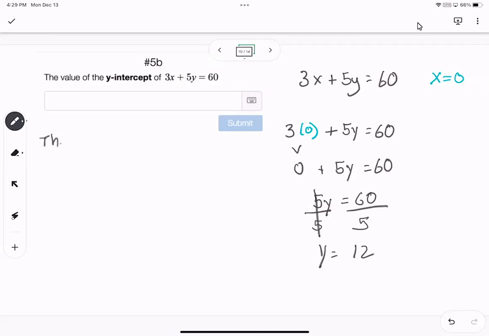So the value of the y-intercept is 12. And then we can write that as a coordinate. Since our x is 0, our y is 12.